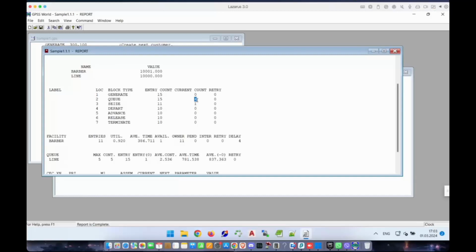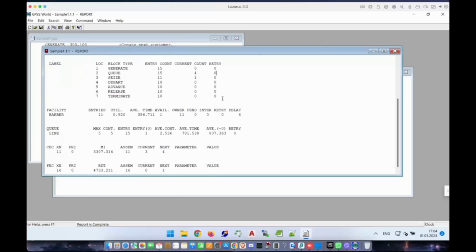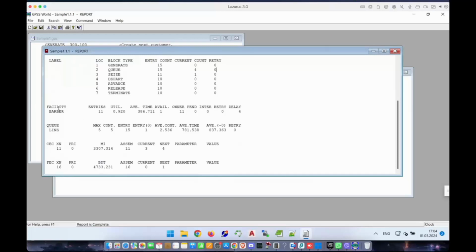One of those 5 actually was invited to the barber's seat. So here we had 4 left, one has been invited. So literally we have 5 customers in the barber shop when the simulation stopped. And the last column is just the number of tries to reach the line of the code, or to execute the line of the code, again for the transact.